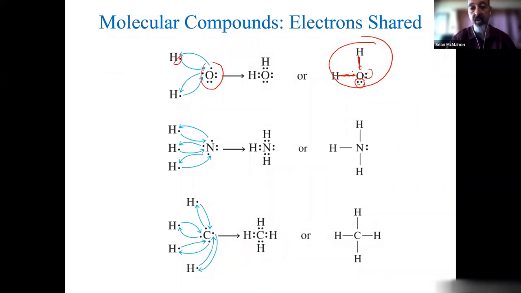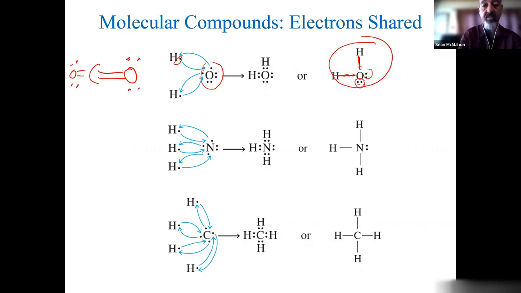Now, one of the things I want to mention is here we see that oxygen likes to have 2 bonds and 2 lone pairs, but those 2 bonds could be what's referred to as a double bond and 2 lone pairs. So that is a possibility. So we see that with structures like CO2.